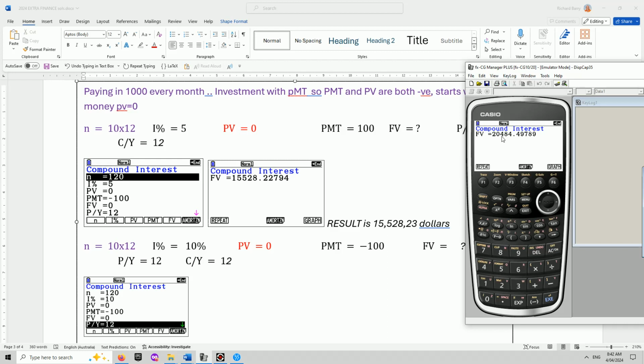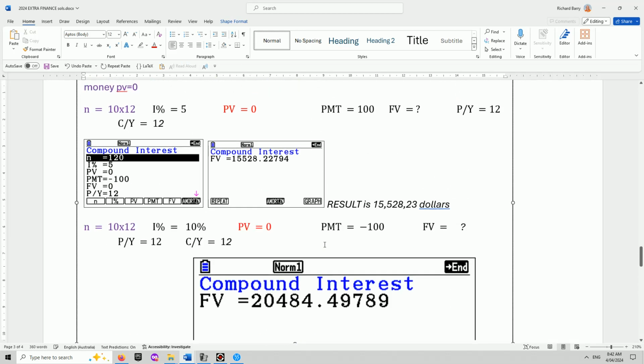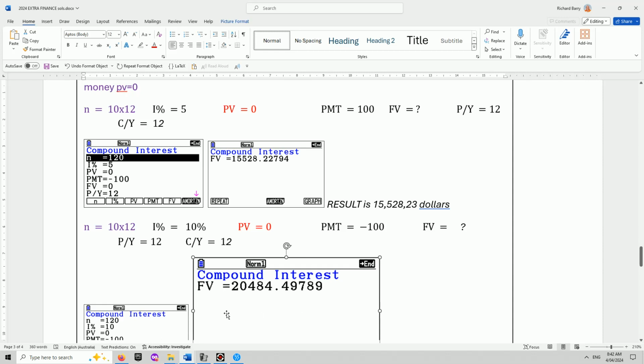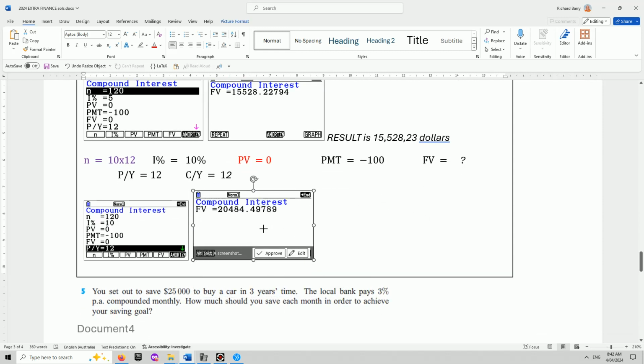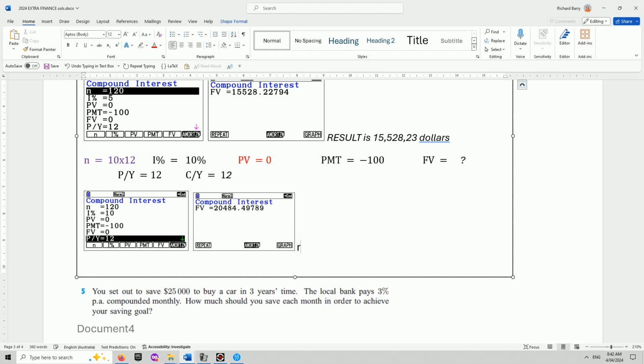Right, that number's pretty big. Yep. Okay, and here the result is 20,484, and should we call it 50 cents?